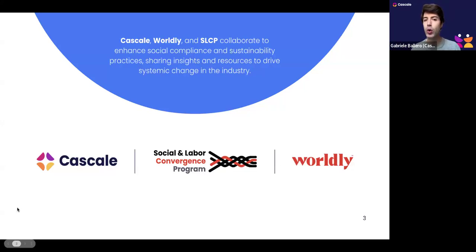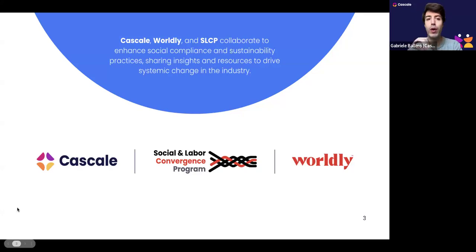SLCP aims to support stakeholders accessing credible and actionable social and labor data for human rights due diligence implementation and enable collaborative solutions to improve working conditions. Together, our organizations make the Higg Index, particularly the FSLM, possible, accessible, and impactful for organizations serving the consumer goods industry. Today, there are over 40,000 Higg Index users worldwide.